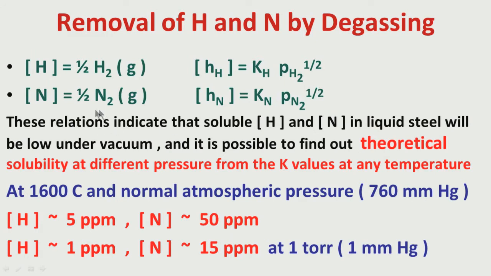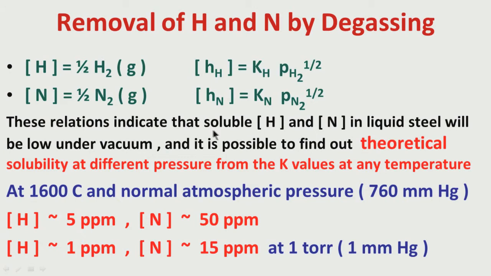Similarly, for nitrogen, nitrogen as element goes to nitrogen gas at the liquid steel and gas interface, and this reaction is taking place. So, the activity of hydrogen and nitrogen in liquid steel is equal to the equilibrium constant into the partial pressure of either hydrogen or nitrogen to the power half.